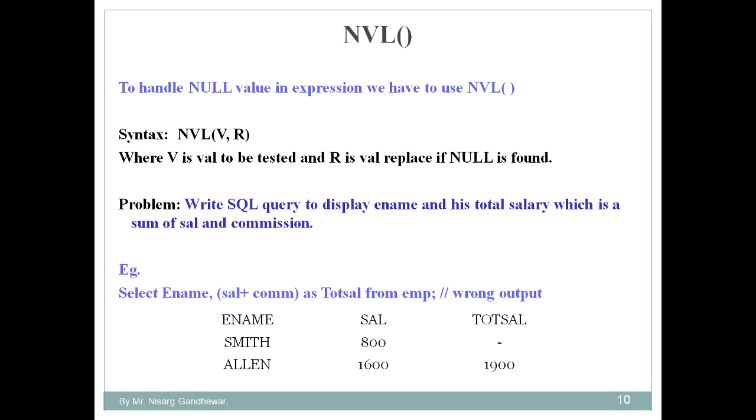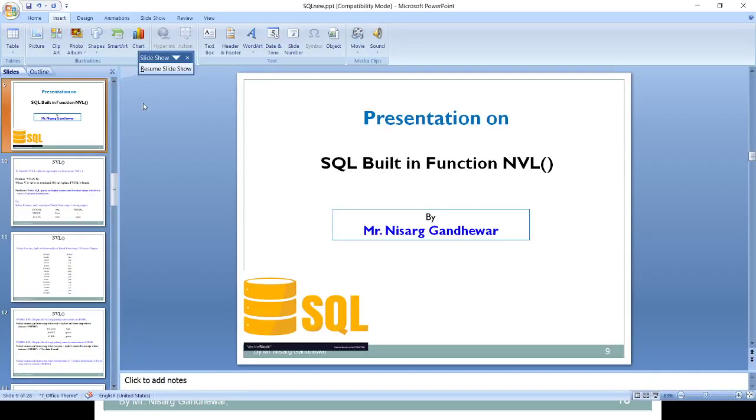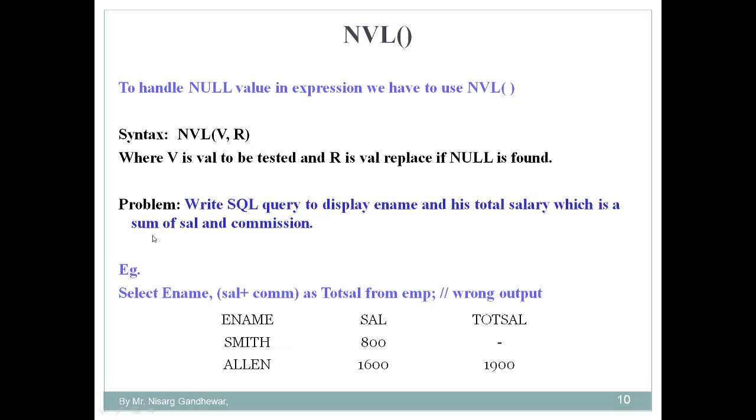In the employee table we have one salary column and another commission column, and we have been asked to display total salary, which is nothing but a summation of salary plus commission.